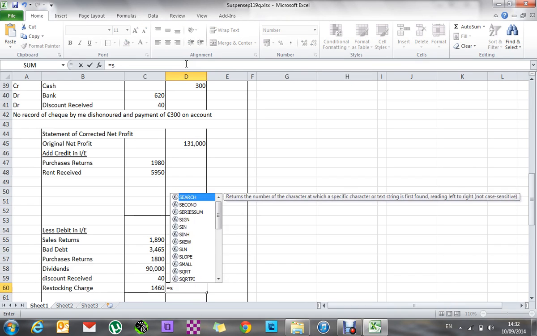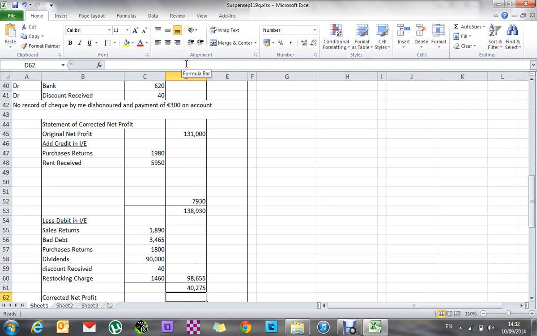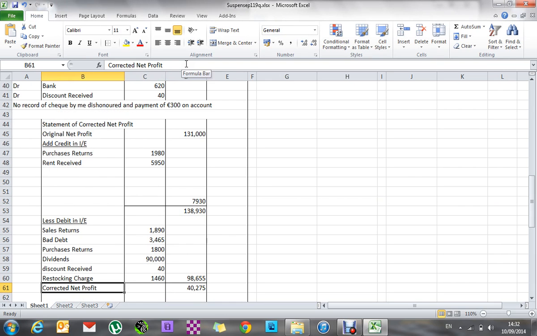So I'm going to sum all these together. Okay, so that's all of the debits, and I'm going to take those debits away from the figure above. So that's 4275. Okay. So there's a corrected net profit.